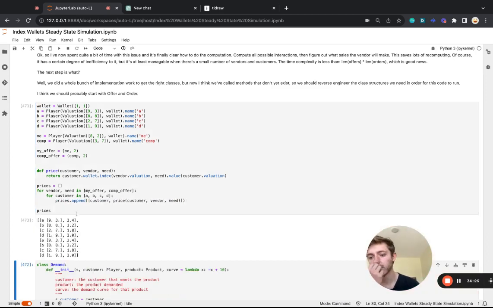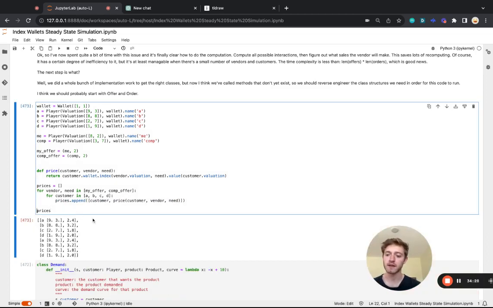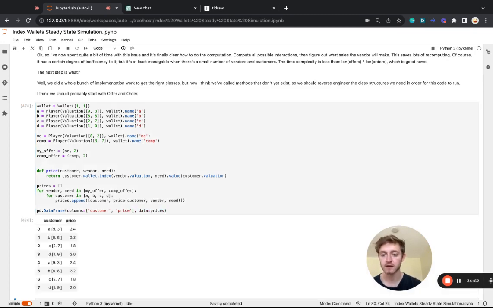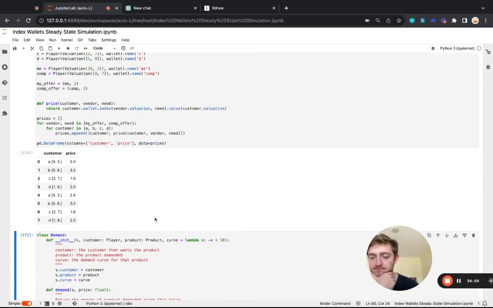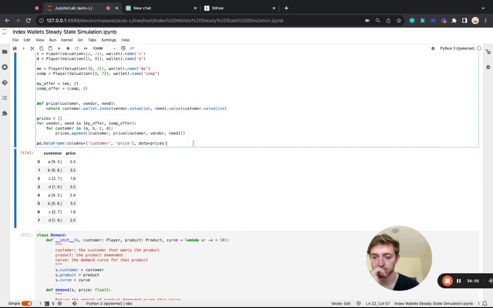Okay. We have our prices now, and now we can do something like pd.DataFrame, columns should be, and data prices, and this will be customer and price. Great.